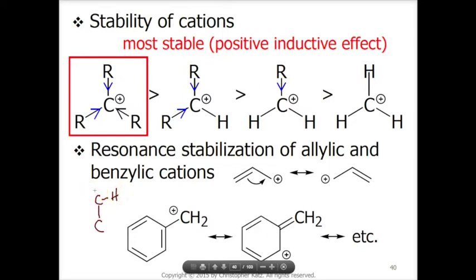I'm going to draw hydrogens on these because it's important to have hydrogens, since one thing you want when you have hyperconjugation is polarizable bonds. Hydrogens on neighboring carbons are really great at being polar covalent. So I'm going to draw this and this and this.